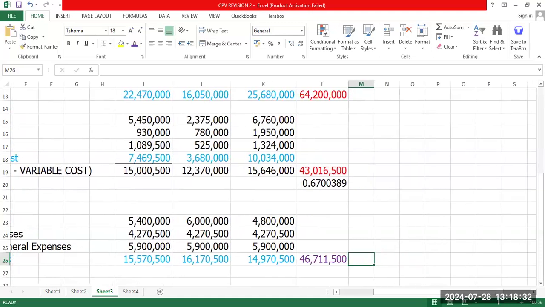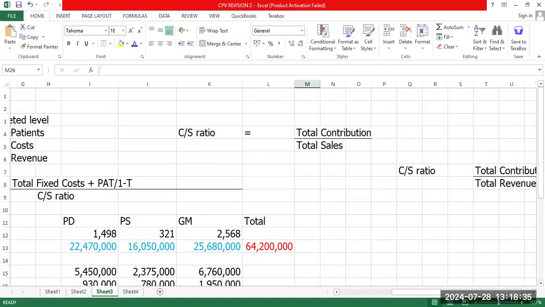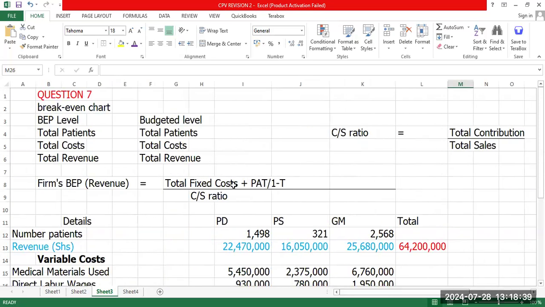So it means that I have everything to satisfy my formula. I have total fixed costs, I have profit after tax, I have contribution to sales ratio.